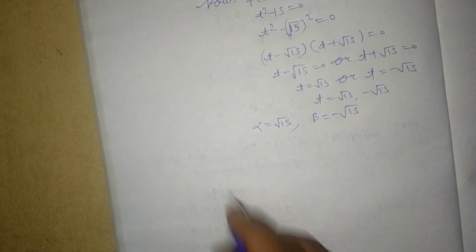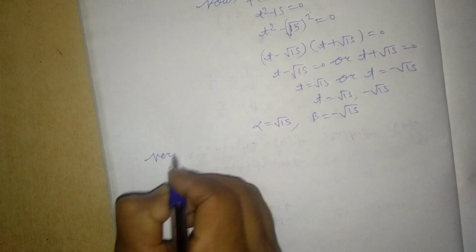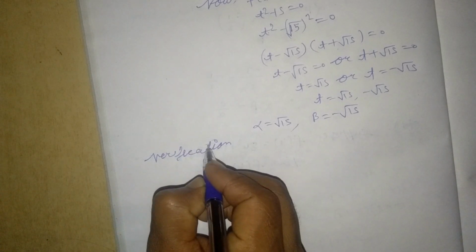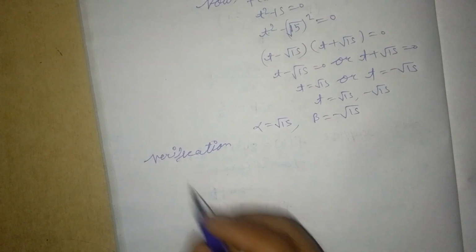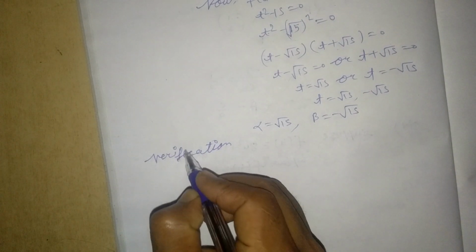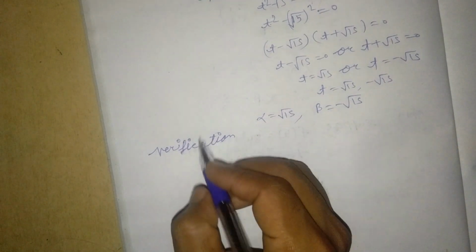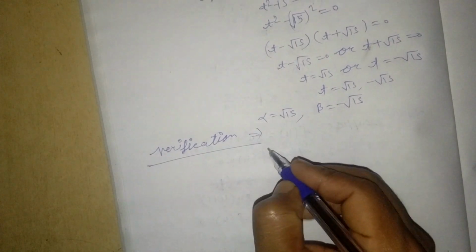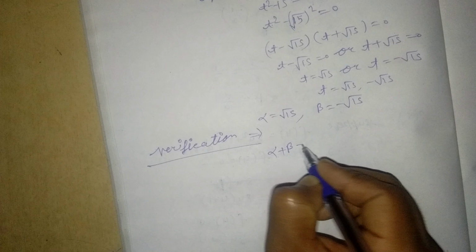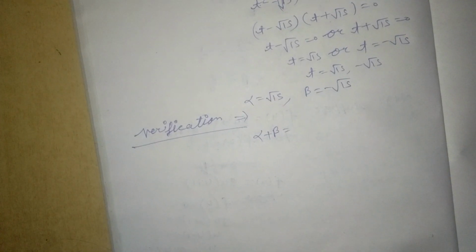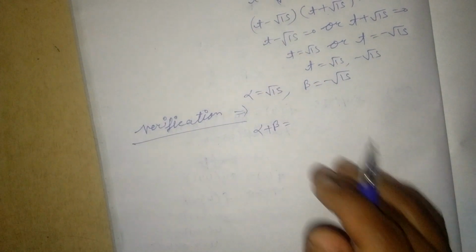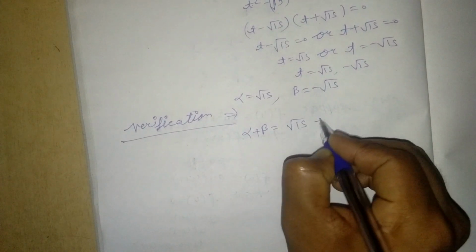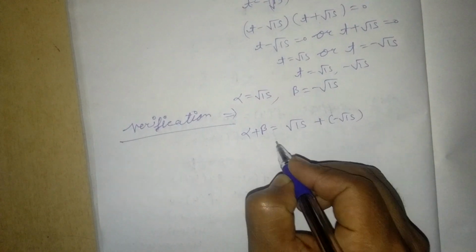Now we write the verification between zeros and coefficients. Our first condition is alpha plus beta should be equal to minus b upon a. Alpha is equal to under root 15, and the value of beta is equal to minus under root 15.